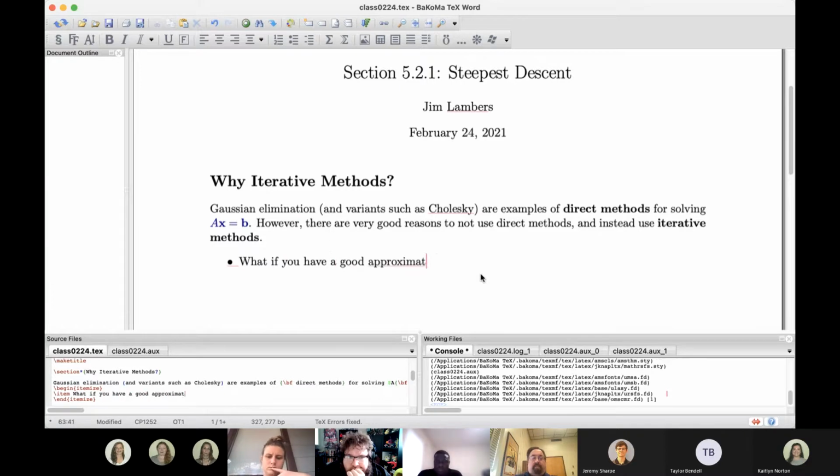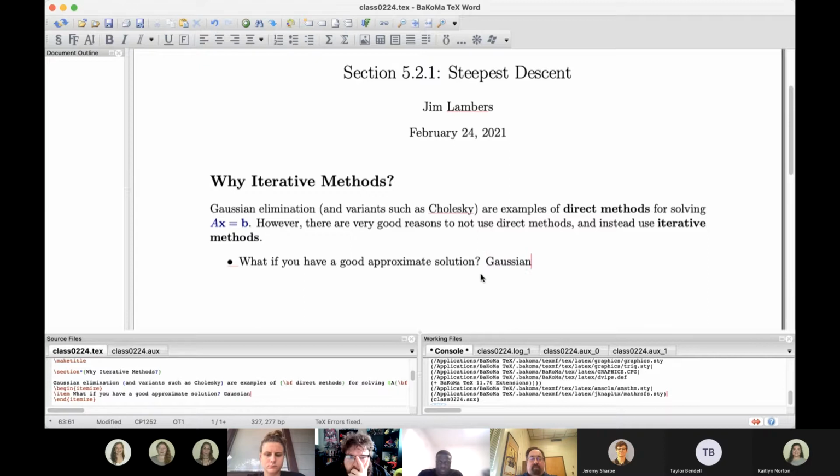What if you already have a good approximate solution for some reason, something that's dependent on the application in which you're solving Ax = b? So you have something that's already in the ballpark, and you just want to improve it to get a highly accurate solution of Ax = b.